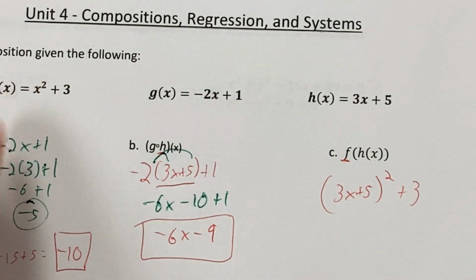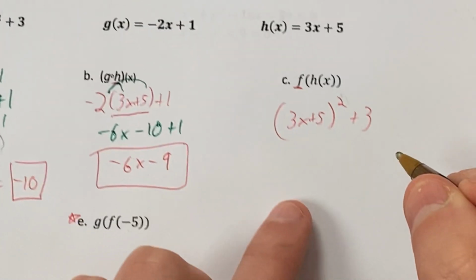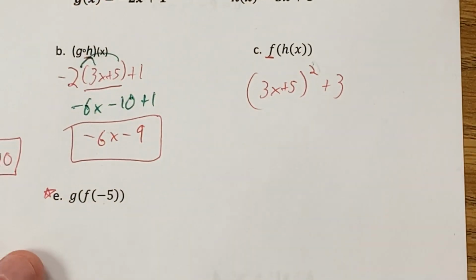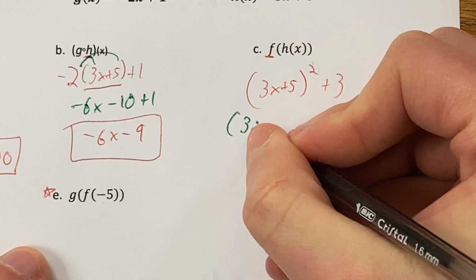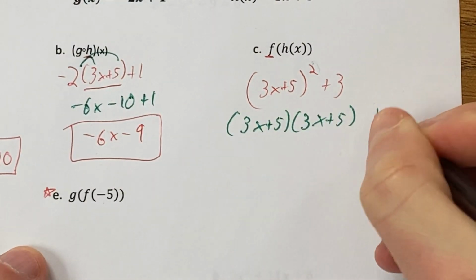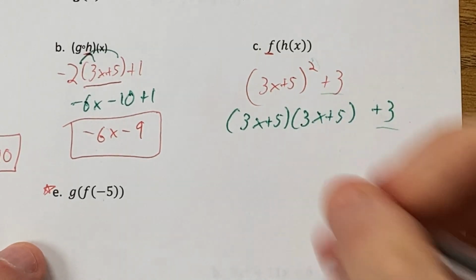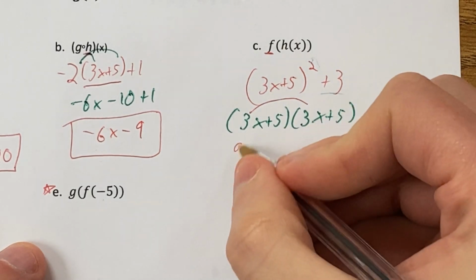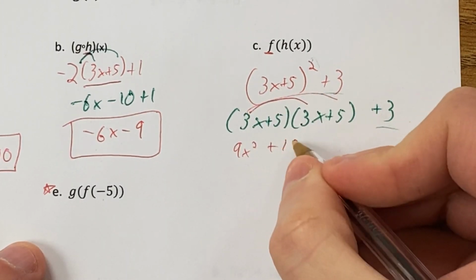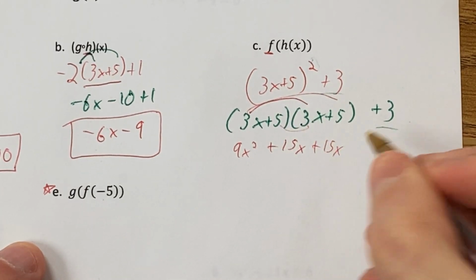The algebra for simplifying this is harder because you are squaring it. The mathematically correct way to square something with two terms is to write it twice and FOIL it. So you have to write 3x plus 5 times 3x plus 5 and FOIL it out. And don't forget to drop down the plus 3. So when you FOIL this, 3x times 3x is 9x squared. 3x times 5 is 15x. 5 times 3x is another 15x.